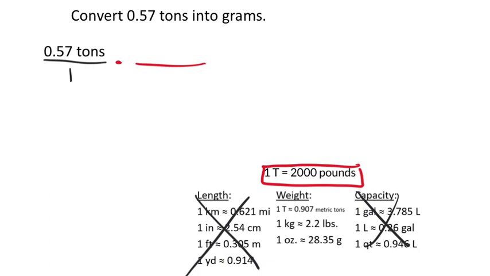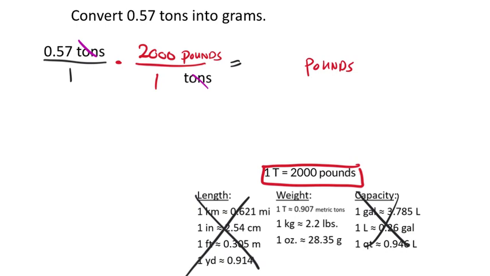We got the tons. Tons is in the top, so again, I've got to put these on the bottom in order for them to cancel away. And again, I'm going to be changing these into pounds. Okay, so 1 ton is the same as 2,000 pounds. This will get rid of the tons, which is what we want, and we will be left with some number of pounds.